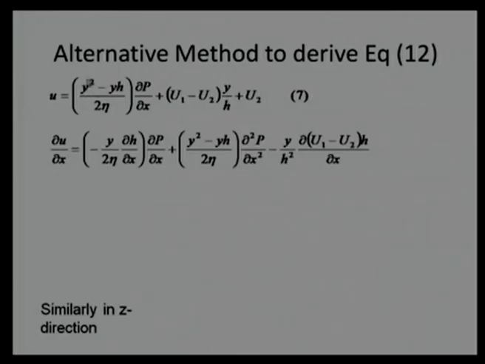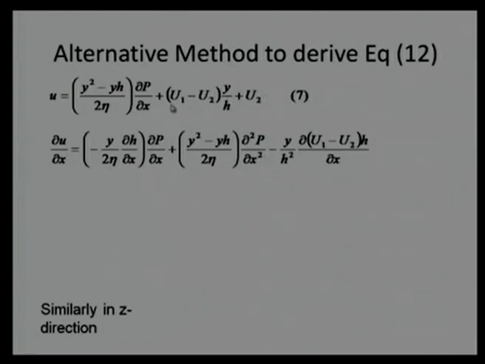Between y and x there is no relation as such, they are independent coordinates. So, differentiating y with respect to x will not give any result, so it is 0, and differentiating h with respect to x gives the wedge term to us. That is why after differentiation it will come like this. Here we are taking it by parts, only the first bracket was differentiated first, then the second term needs to be differentiated, keeping the first term as a constant, the same term. Here the second differentiation comes, the second derivative of p with respect to x.